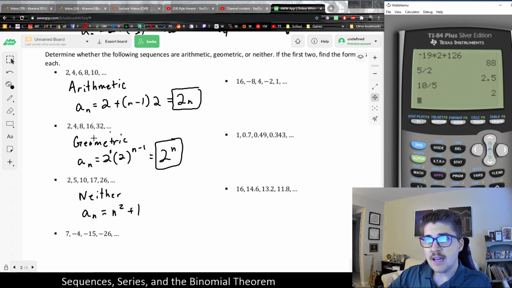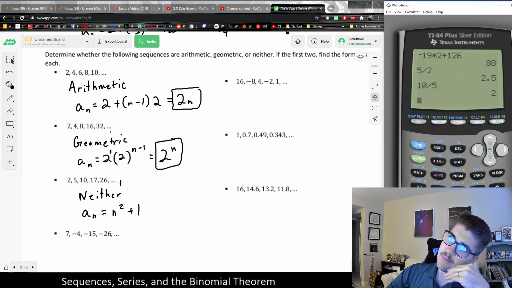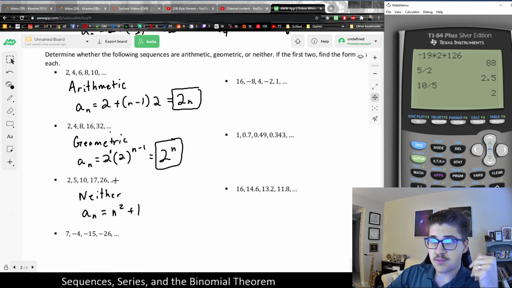Arithmetic and geometric sequences are some of the more fundamental types of sequences when it comes to calculus and other math. Other sequences are also important, but they don't have a special name, and there's no basic formula for discovering what they are. You just have to recognize the pattern.